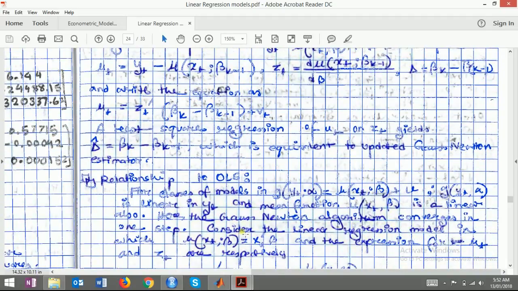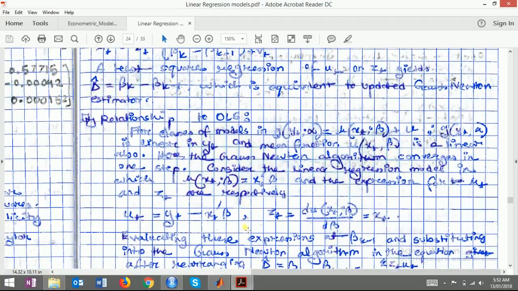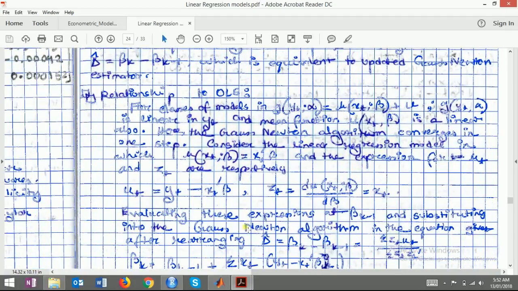Relationship to OLS. For the class of models g(yt) equals mu of xt plus u, the general form of nonlinear functions, where g(yt) is linear in yt and the mean function mu of xt is also linear, the Gauss-Newton algorithm converges in one step.